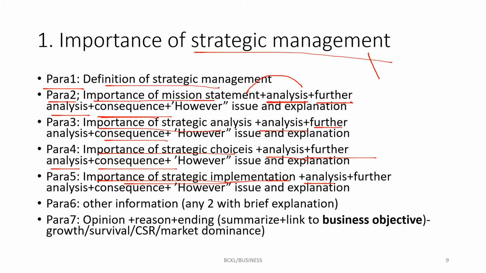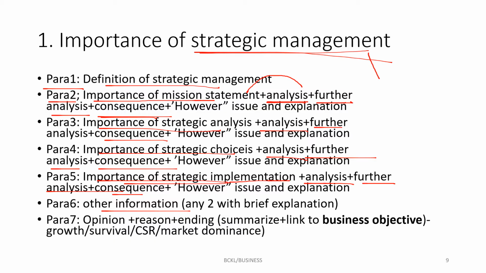And then you analyze, basing on the case study, you further analyze level 2, and then as a consequence level 3. Then other information, any brief information in the case, any two with brief explanation. Remember, when we are talking about strategic management, we have the analysis, the choice, and the implementation.